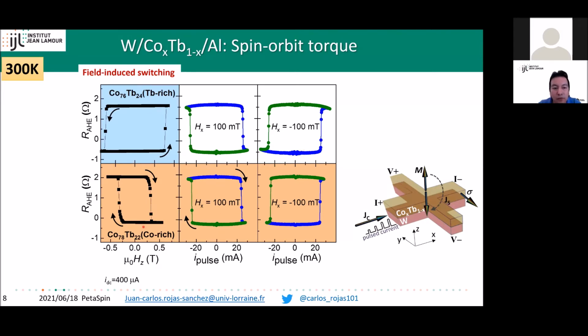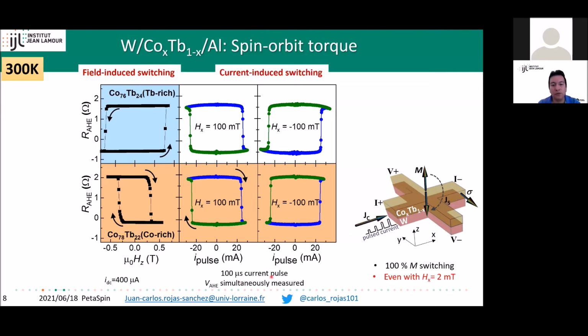So instead of sweeping a perpendicular field, we sweep here an in-plane pulse current with this characteristic. And what we can see here is that we observe a nice cycle, nice switching, very sharp. The full amplitude here and here is the same, so we get 100% of magnetization switching.